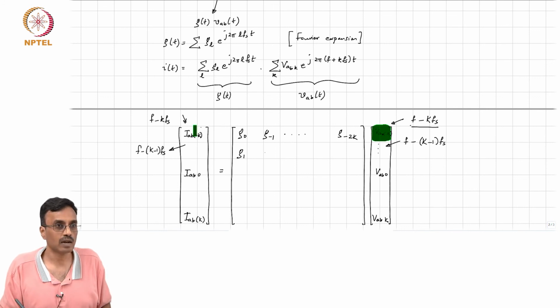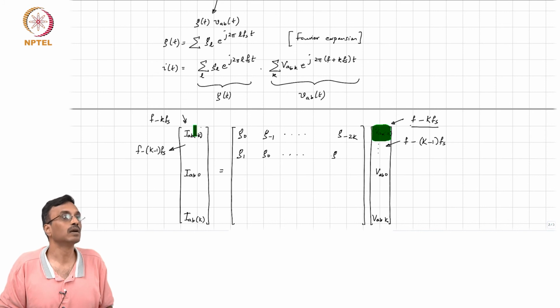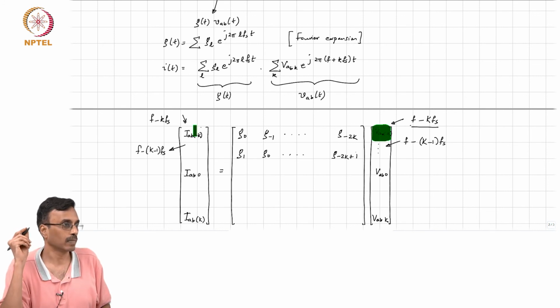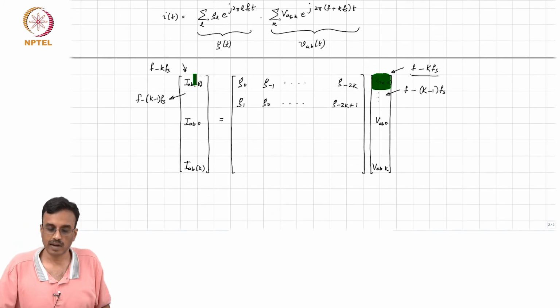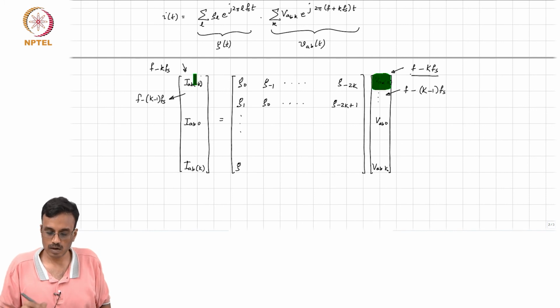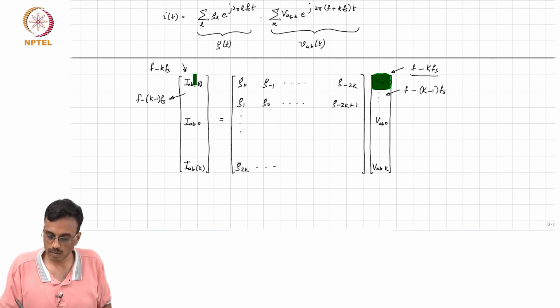And then the diagonal, second row, second column, will be G0, very good. And what is the last? I guess you see the pattern now: G minus 2K plus 1. It doesn't take a genius to fill out all those other entries. So what will be the last entry here? G of 2K, very good.